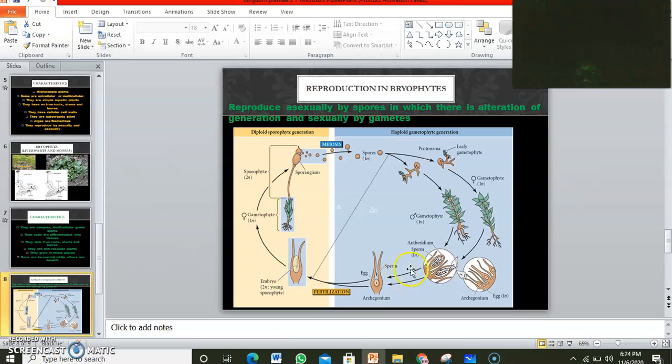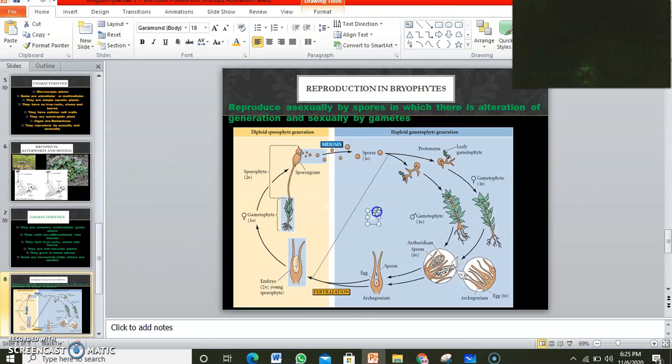Usually male and female plants meet together, they release their cells, and then fertilize in order to get an organism. This is the haploid generation.